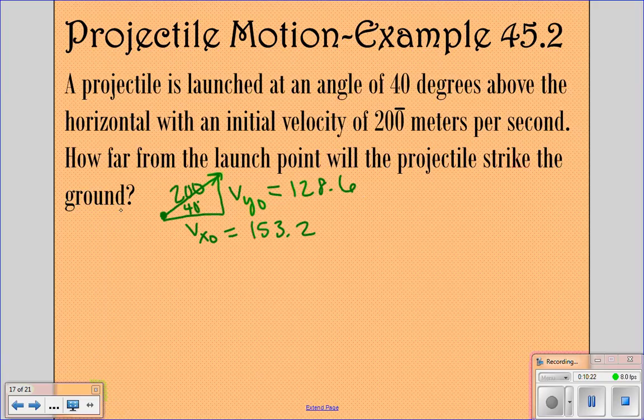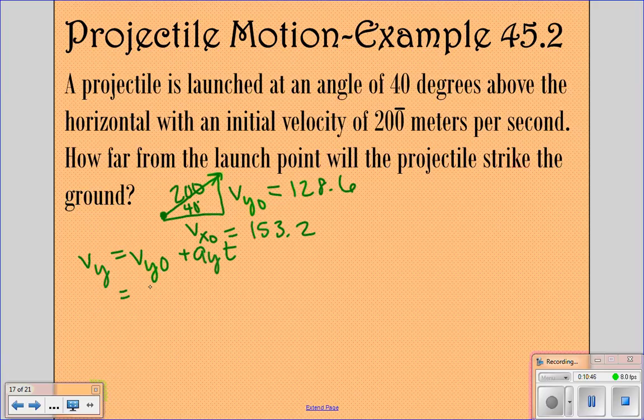So we know for our y motion, we have v sub y equals v sub y 0 plus a sub y t. And we found this number to be 128.6, and the acceleration is negative 9.81.